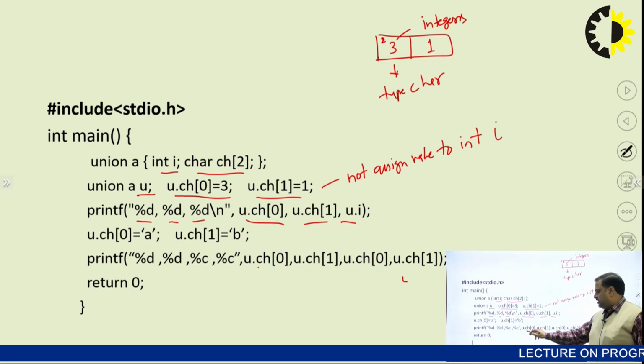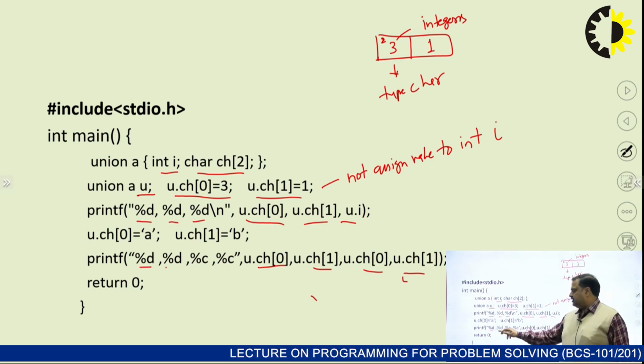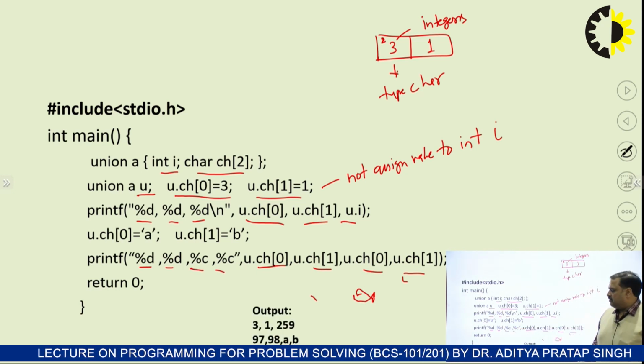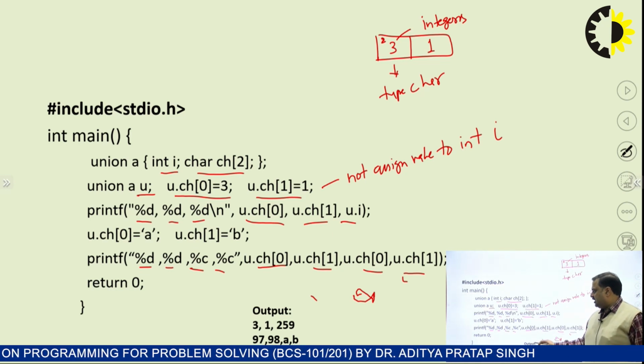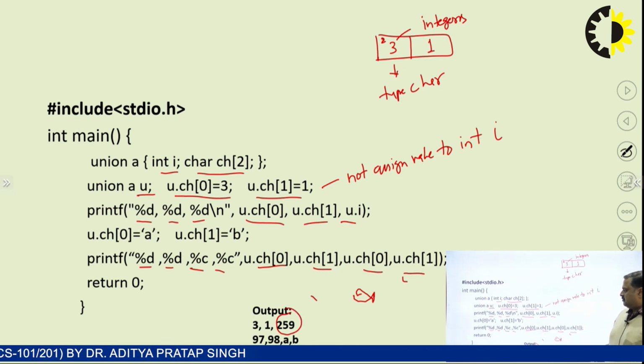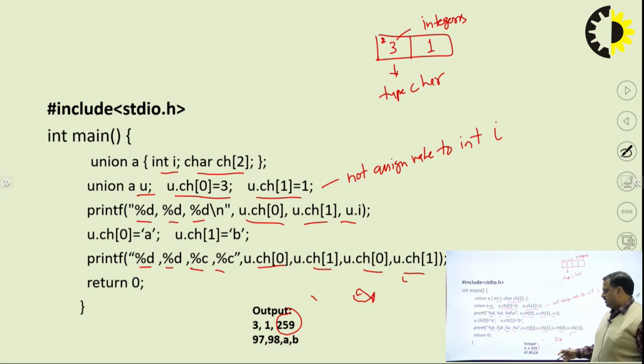But we are printing ch[0] and ch[1] in integer form, and in the second case in character format. So what will happen? The output will be 3 and 1 if we are printing as integer, when printing u.ch[0] with %d, then it's okay. But when we are printing u.i, it is being printed as 259.